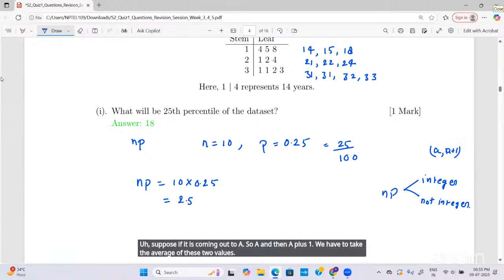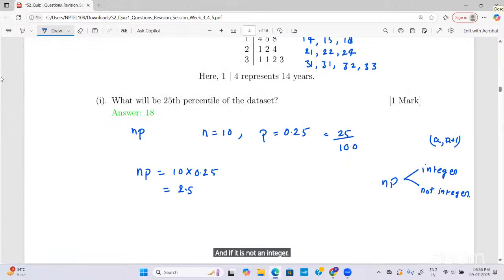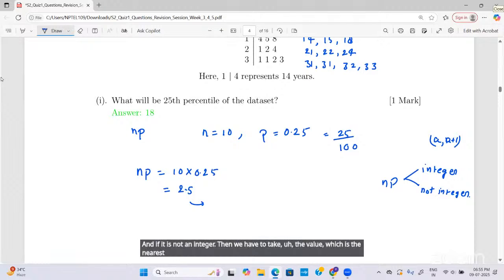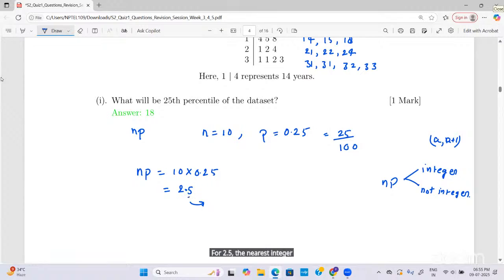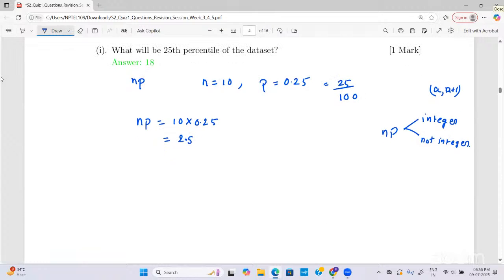And if it is not an integer, then we have to take the nearest greater integer to that particular decimal value. So 2.5, the nearest integer which is greater than this value will be 3. Right? So here the third observation will be our 25th percentile. Okay. So we have to take the third observation.